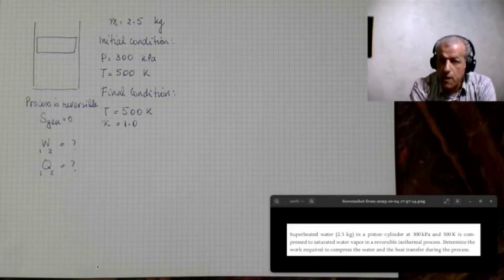Look, it is a very important step to be able to turn this definition that you see, this physical description that you see, into something that is a thermodynamic language. Just doing this step, I have selected properties, defined an initial condition, defined a final condition, and defined something about the process.